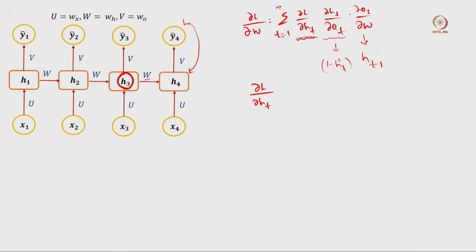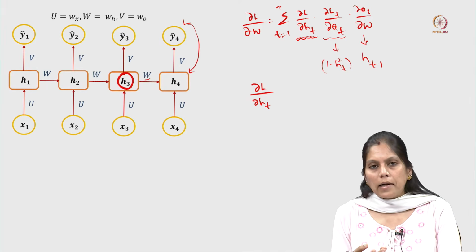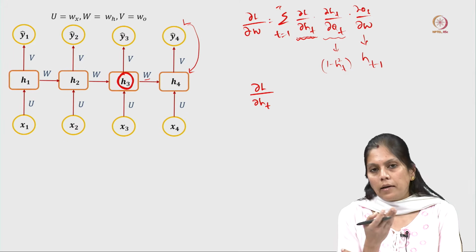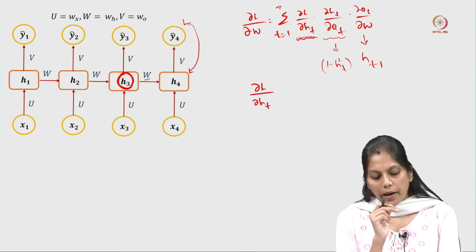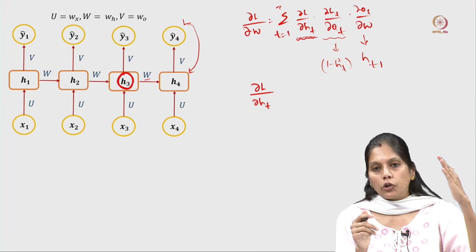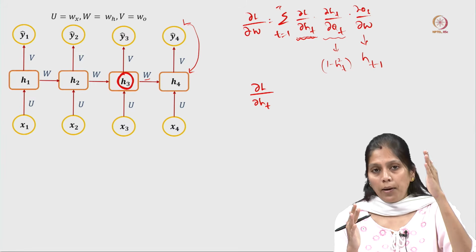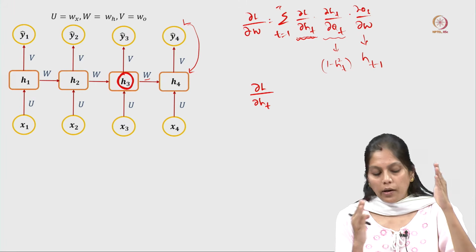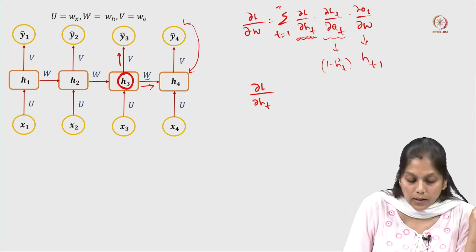Now you can ask the question, why are you not considering H4? Let us understand that HT is H3. Looking at the diagram, H3 is actually going in two directions. One, H3 is going up, and the second, H3 is going right.